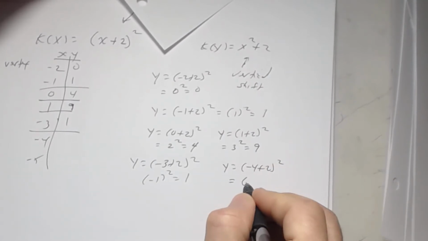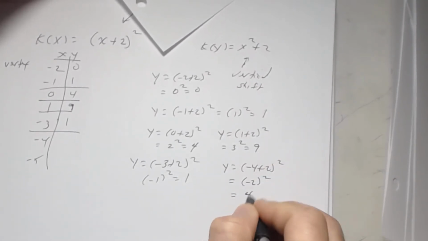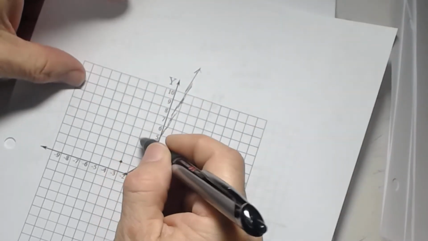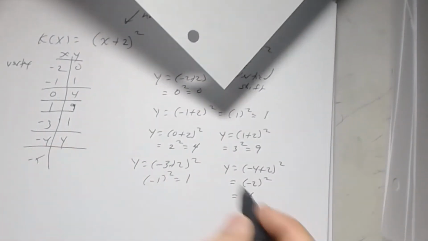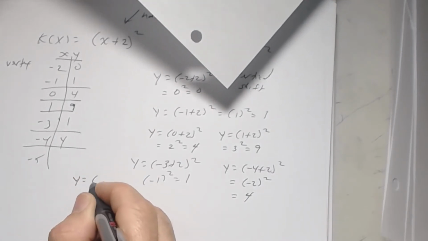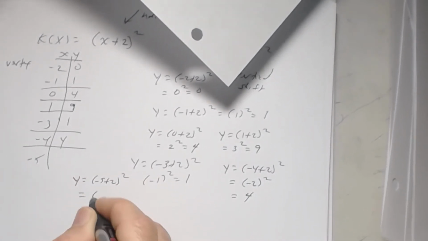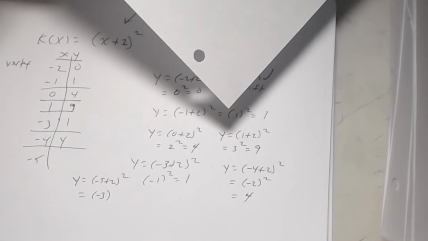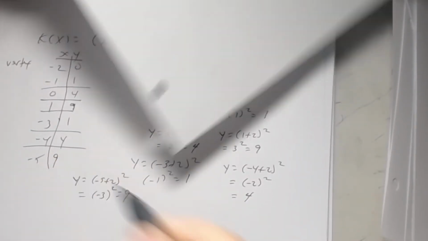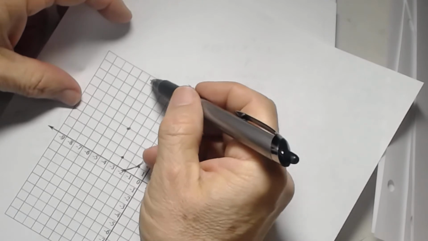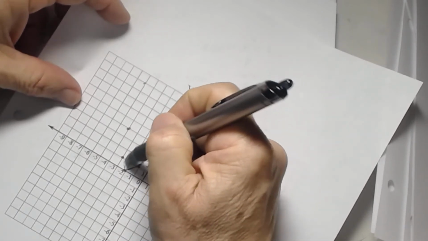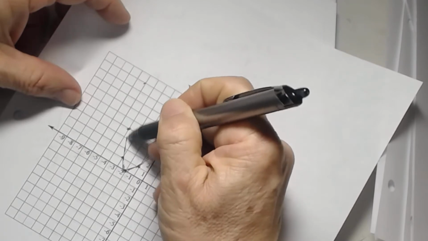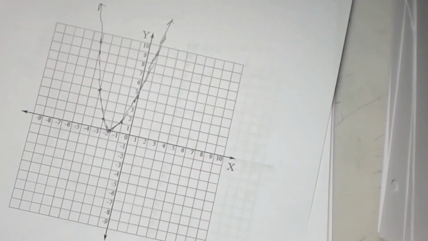What's -4 plus 2? And what's -2 squared? 4. I plot the point -4, 4. And then if x is -5, I get y equals -5 plus 2 squared. And -5 plus 2 is -3. And -3 squared is 9. So -5, 9. And then just draw your graph. Right, so there's your parabola.